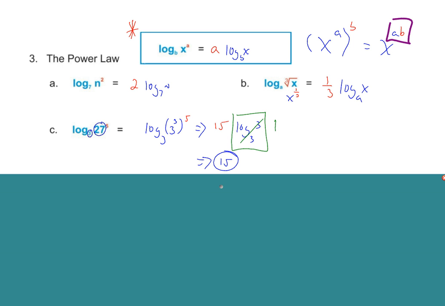But again, because you know that that's 3 to what power equals 3, right? Change it to exponent form. Therefore, it's 3 to the first power equals 3, and the answer is 1. Because again, that green box is an exponent. And what is the exponent? 1. 15 times 1 is 15. And you can then get that all the way down to there using the power law and what you understand about logarithms.